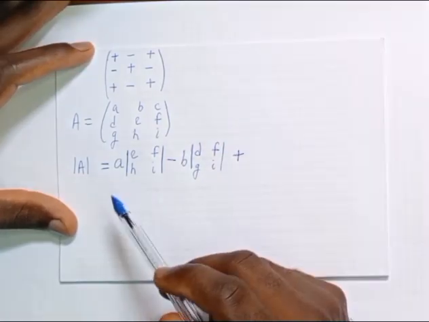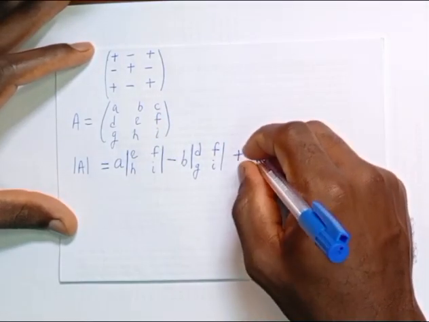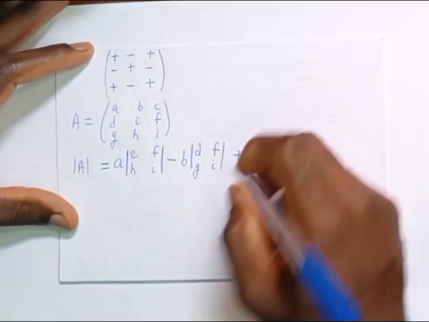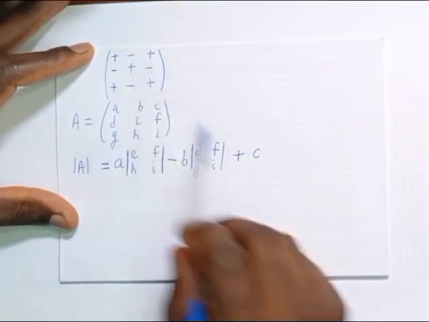plus the cofactor of the entry C, which is obtained by taking C, according to the sign rule, is positive.